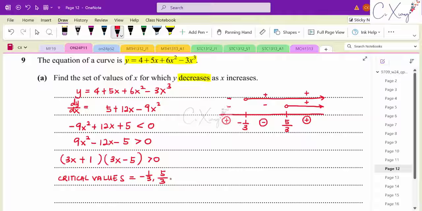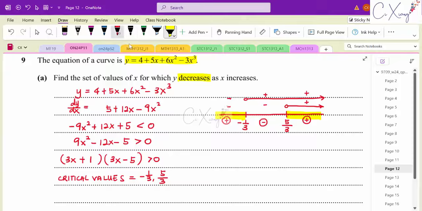And then to decide the final answer, I need to look at this particular inequality here. We are interested in greater than 0. In which part do I have greater than 0, which means positive? So this part is positive, this part is negative, this part is positive, which means I want to accept the x in this part and also this part, because both of them have a positive sign.